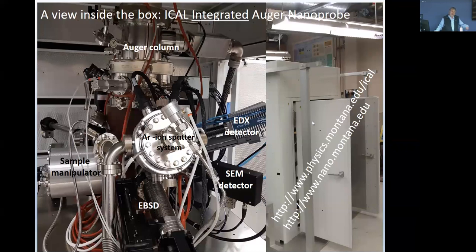We control everything from outside. And speaking of control, there is a sample here. We can manipulate it, XYZ rotation. There's argon ion gun, which is unique to this system right here. There's an EDX detector. It's an X-ray detector, essentially, which is integrated into the system by design.